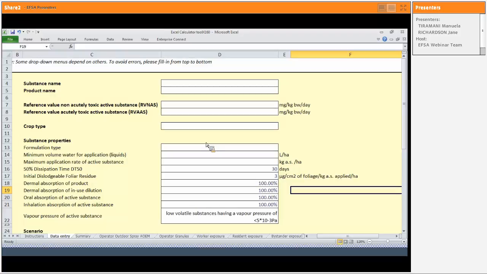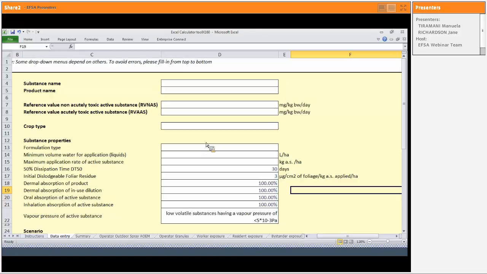So we included both cells, one for the pesticides that are not acutely toxic, the usual AOEL, which is normally based on a 90-day basis, but also we left the door open for an acute AOEL that we called RVAAS, reference values acutely toxic active substance.